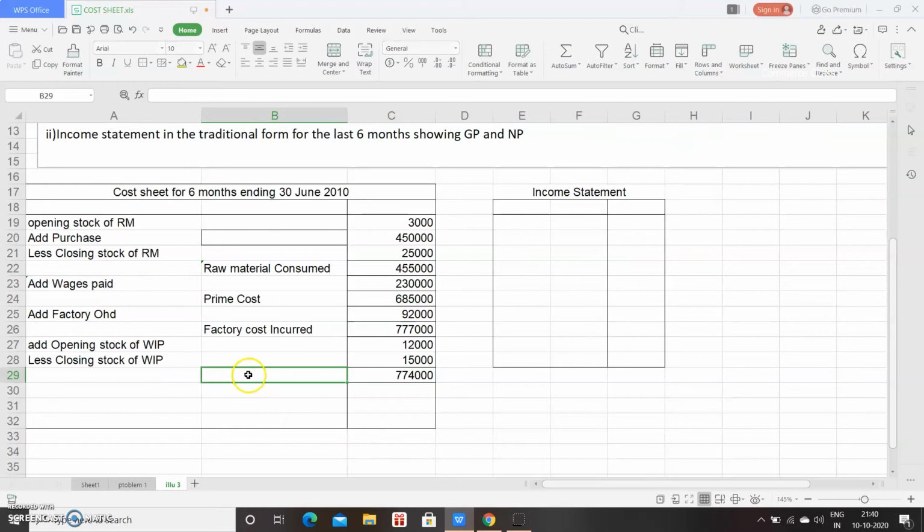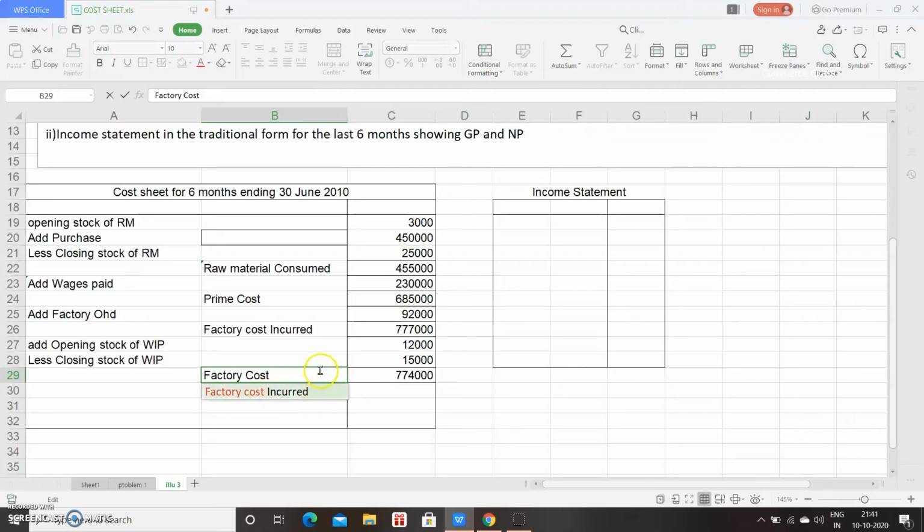This is your factory cost. So that's it. Below you need not do.